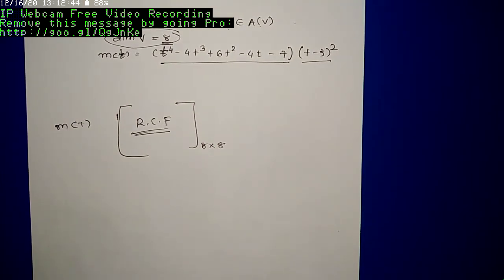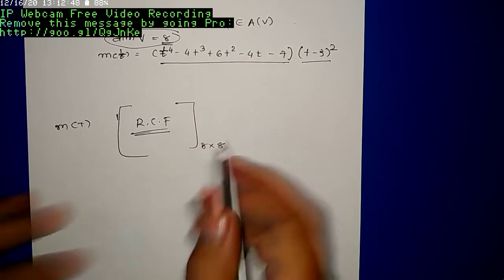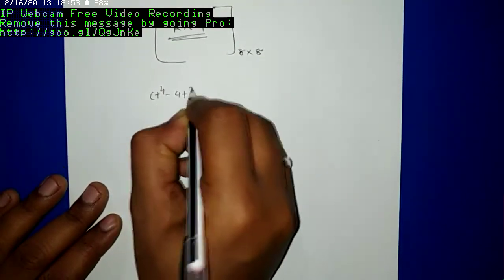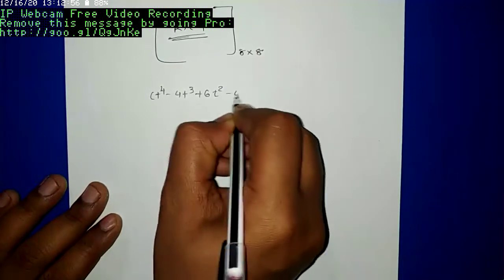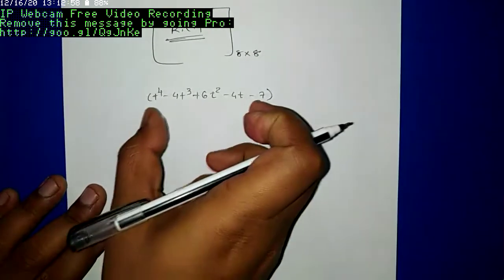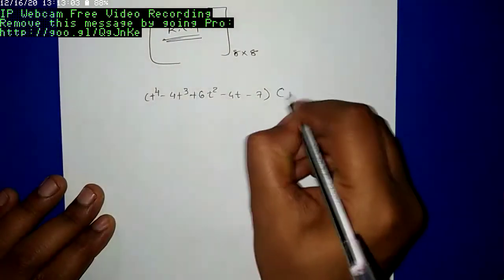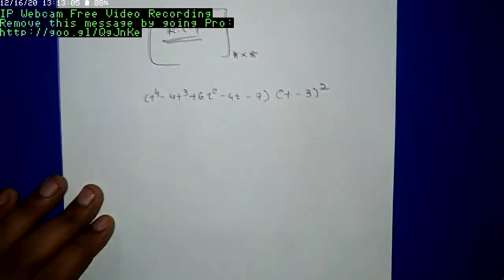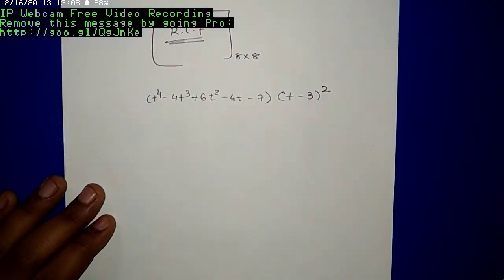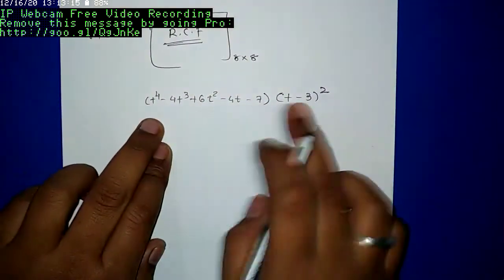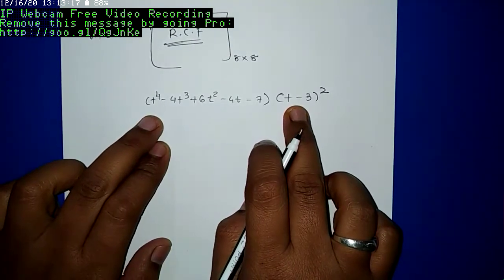find another factor. Okay, so here your minimal polynomial is t raised to 4 minus 4t cube plus 6t square minus 4t minus 7. So we must include this in your RCF, and also this in your RCF, but still the remaining term is of degree 2, because this and this combined give a 6 cross 6 entry.